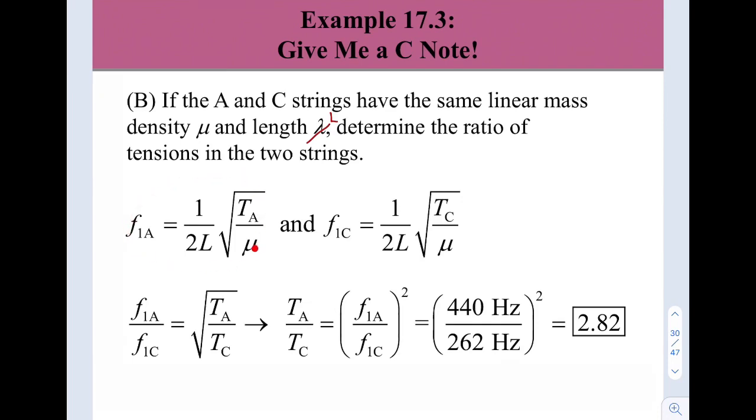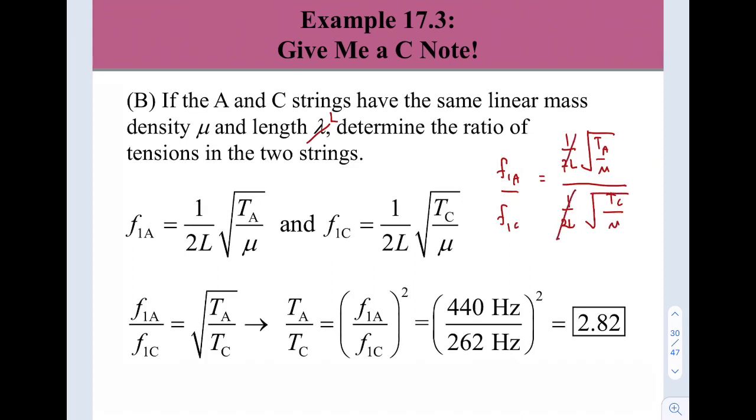So this equation is for f 1 A for string A, and this is the equation for f 1 C for string C. If they have the same L and the same mu, we can have a simplified version by taking the ratio between them. f 1 A over f 1 C must be equivalent to 1 over 2L square root of T A over mu, over 1 over 2L square root of T C over mu.